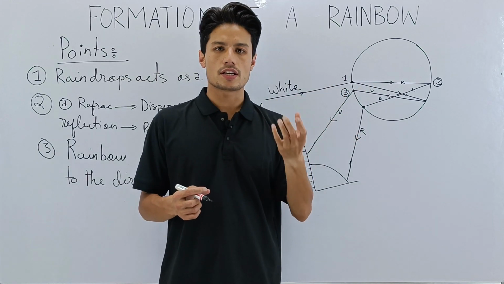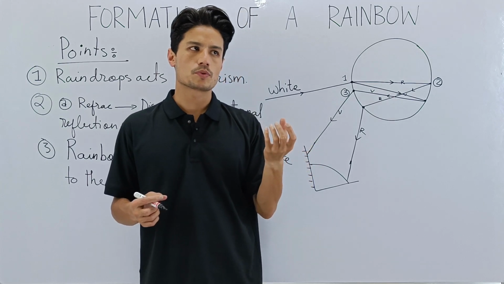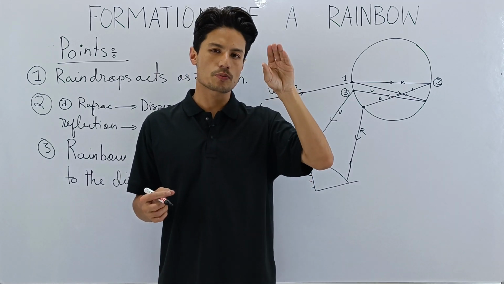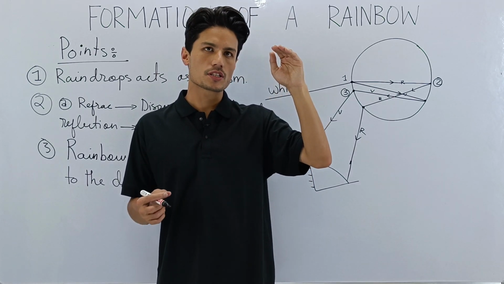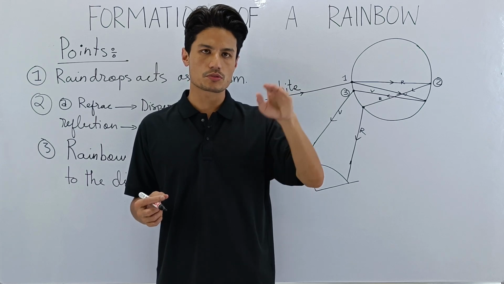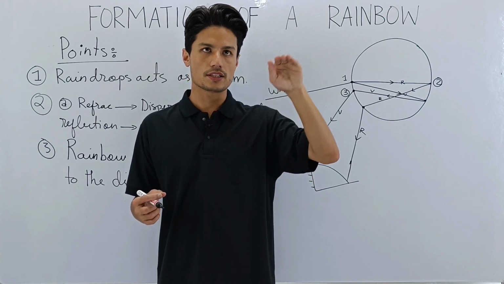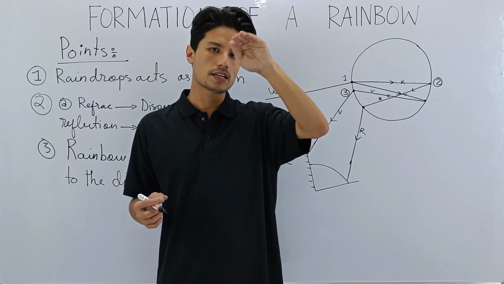Then we have discussed that a rainbow is formed due to the presence of tiny water droplets which could not fall down to earth, which could not become raindrops, and then they are suspended up in the atmosphere.